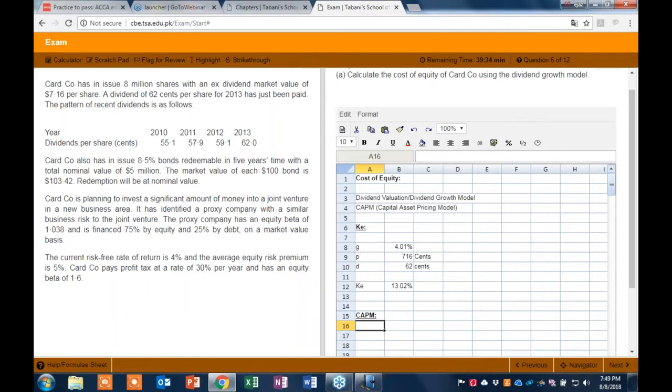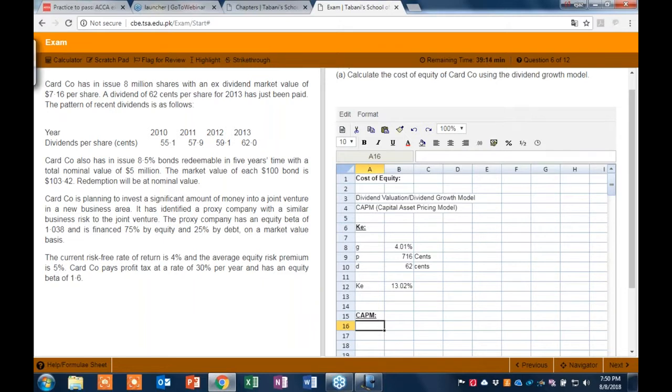CAPM model assumes that when a company has a higher level of risk, the investors will always ask for a higher level of return to get a compensation for the additional risk that they are taking.